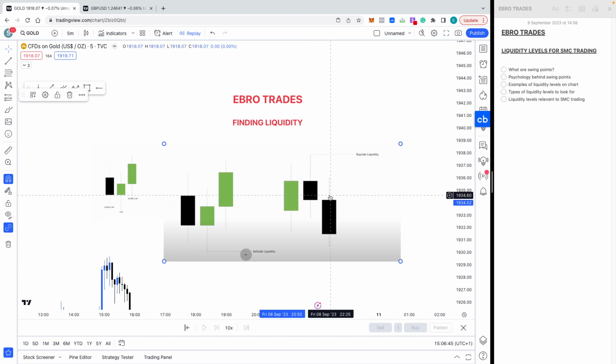There's essentially been a break of structure, so our theory behind the trade has been invalidated, and we'd want to cancel our order. The summary is that we've got a whole bunch of stop losses below this low and above this high, in line with the swing highs and the swing lows, and those represent liquidity.